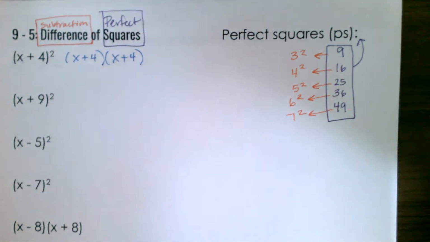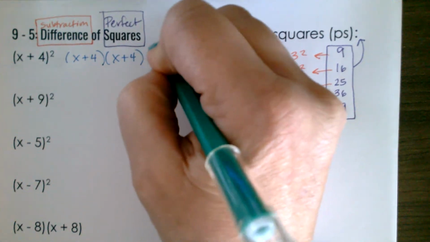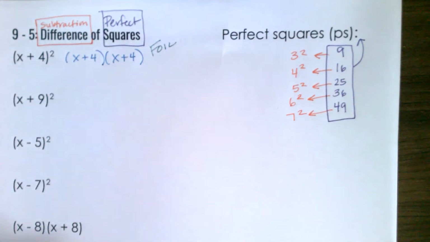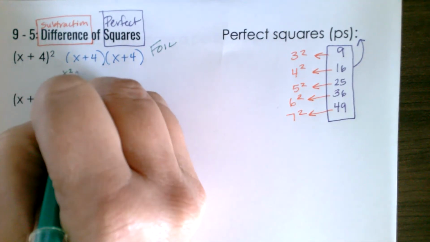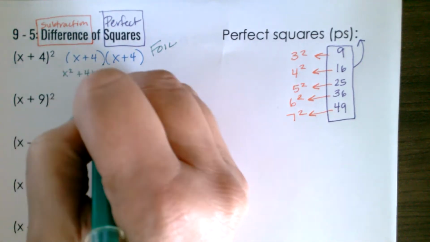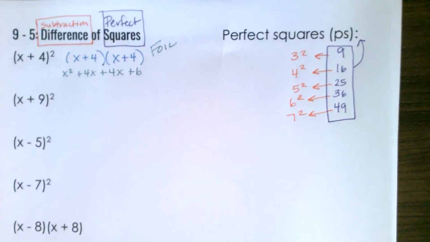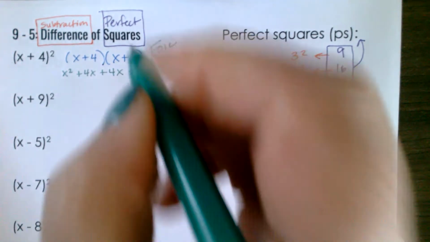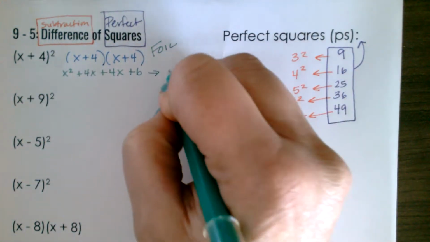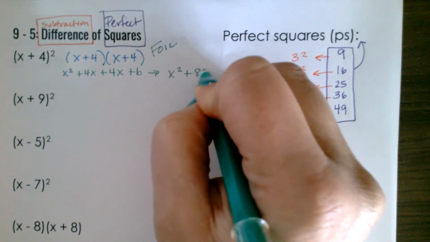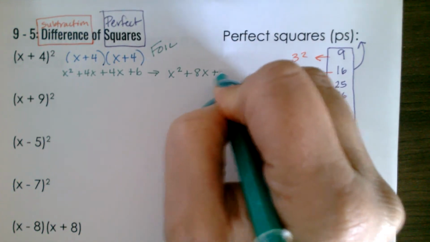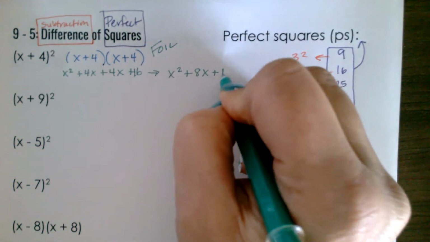So what we have to do is we need to FOIL. x squared plus 4x plus 4x plus 16. That would get me x squared plus 8x plus 16.